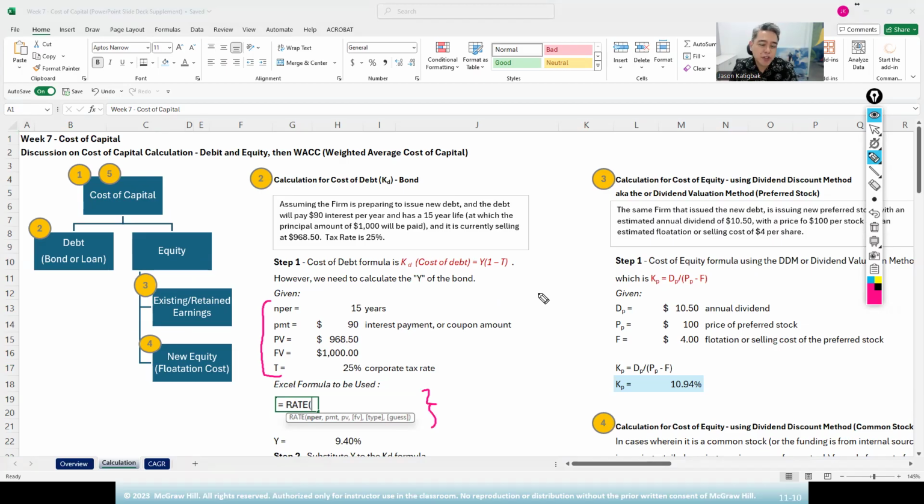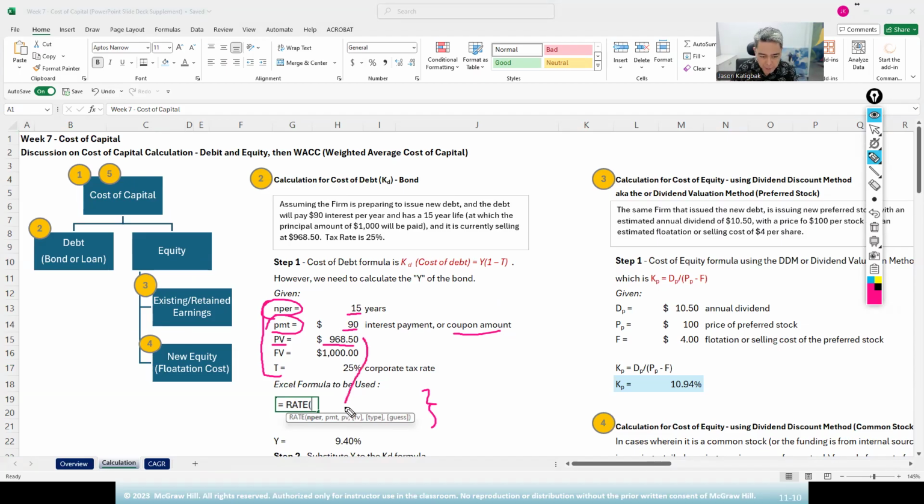Using the same information as before, the number of periods, NPER, is 15 years. The payment is the annuity. Every year you'll get $90, which is the coupon amount or the interest amount. And then the present value, which you need to pay in order to invest in this bond, is 968.